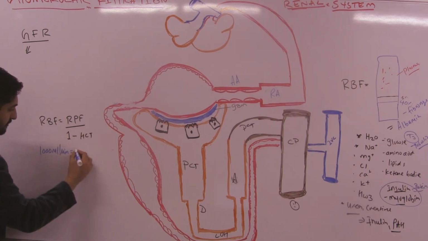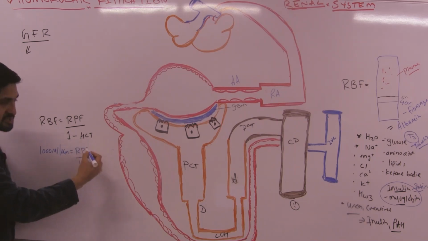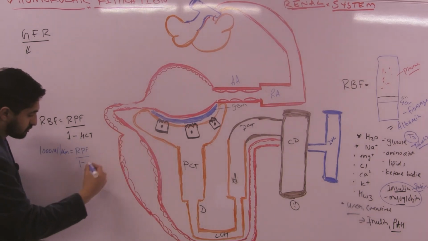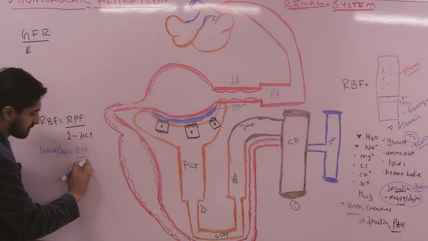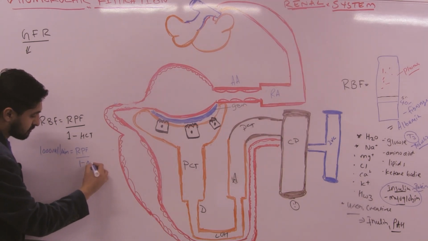Then we're trying to find the renal plasma flow, which we do not know. You do 1 minus the hematocrit, and we said 40%, so that would be 0.40.